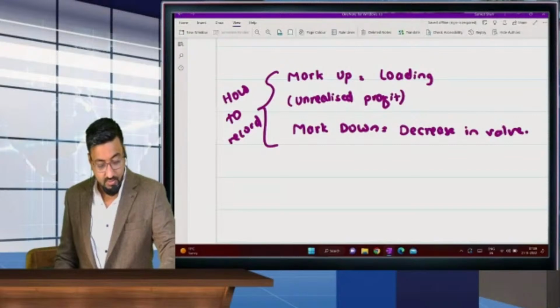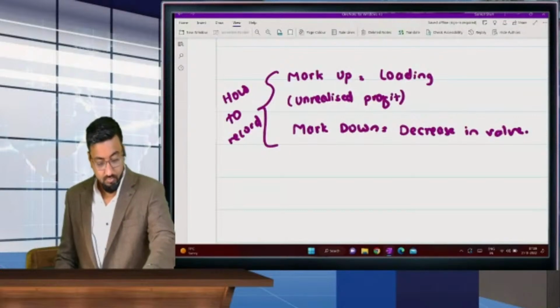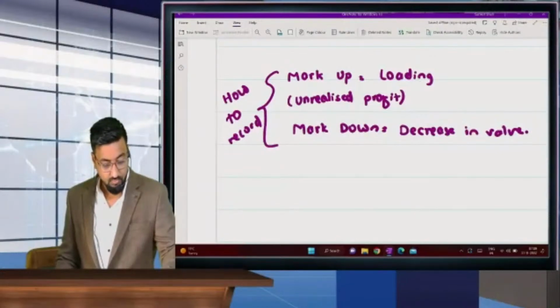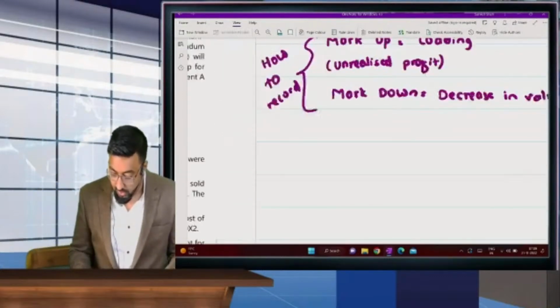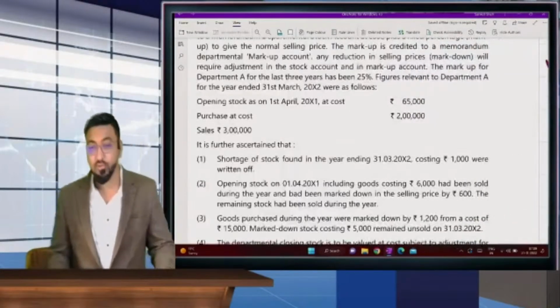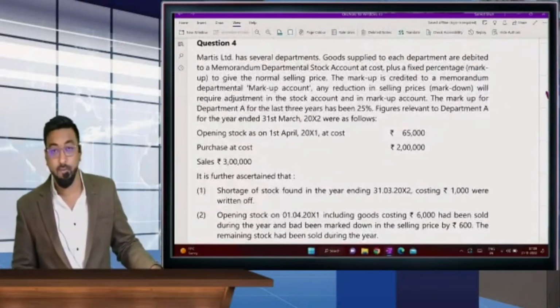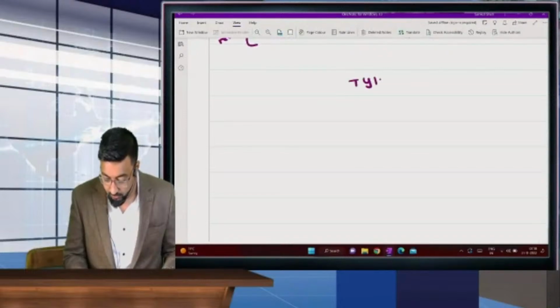Write down these things fatafat. Now I will record first by using basic concept. This is question number 4, TYK 4. We are going to solve it.